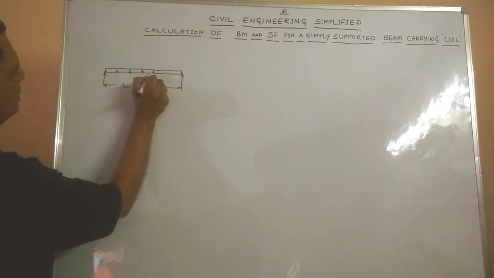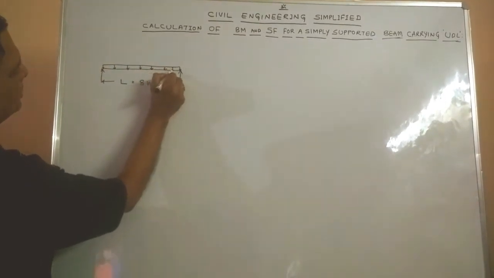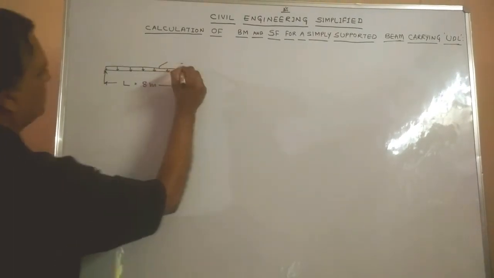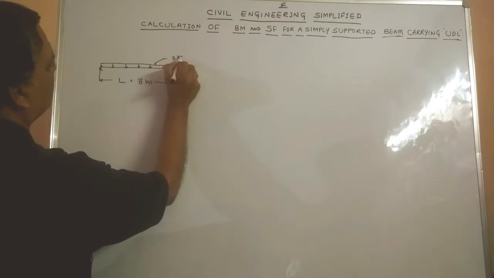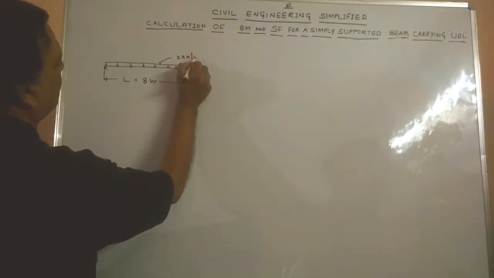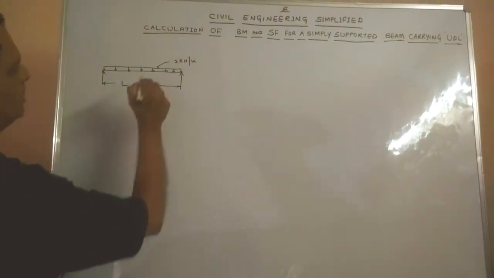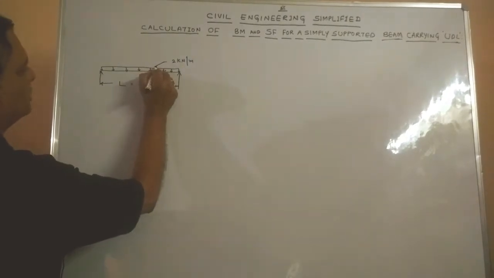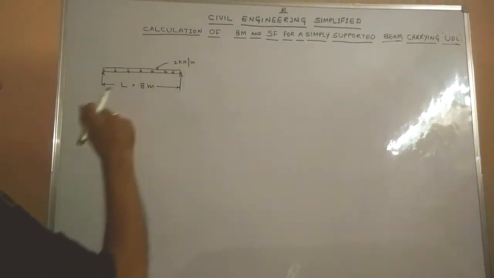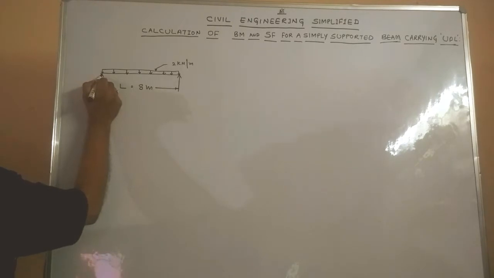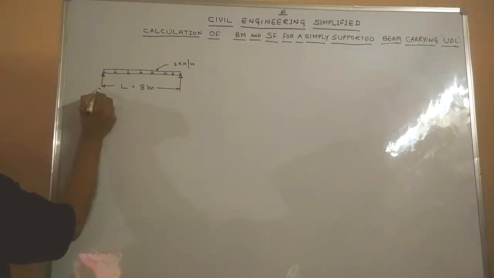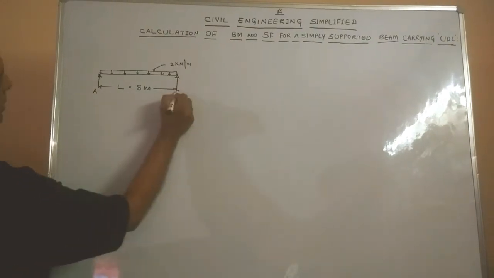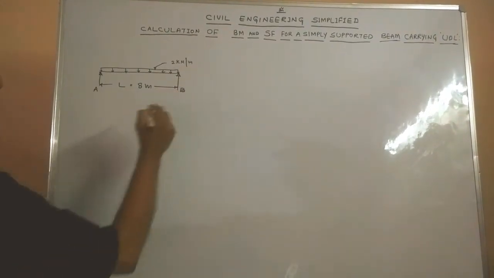As I said, UDL is a uniformly distributed load of intensity 2 kN per meter. As the load is uniformly distributed, it is always represented per meter run. As we have seen in our previous cases, I will represent the left support as A and the right support as B.